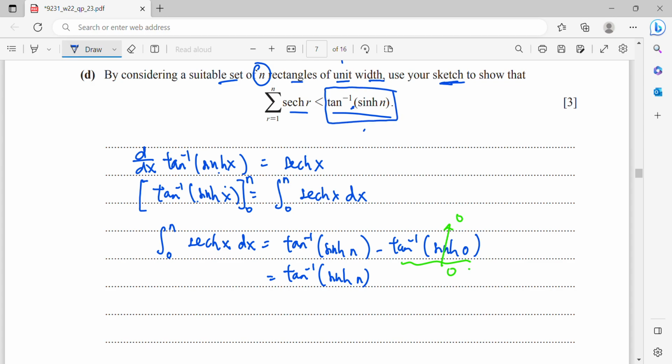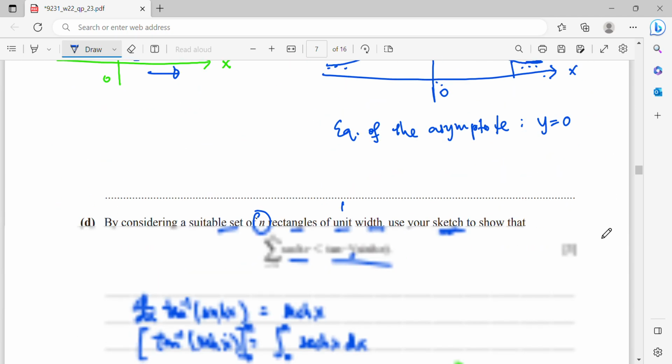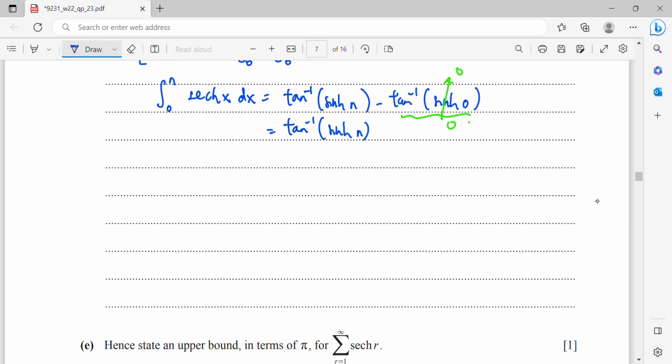So I have found this expression. Now, by considering a graph, use your sketch to show. Here is 1, this is y, here 0. This is y equals hyperbolic secant x.